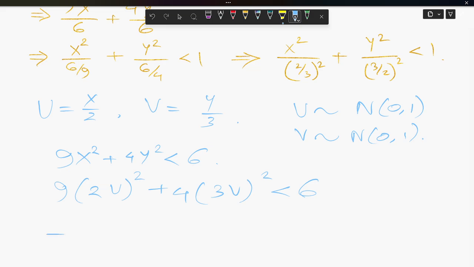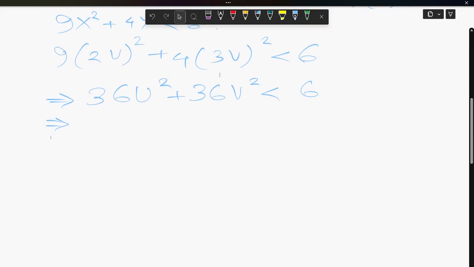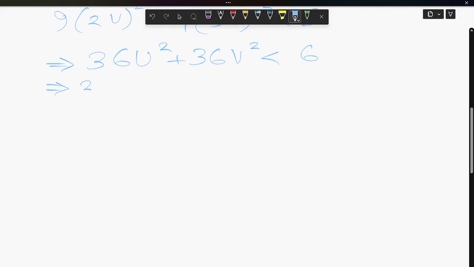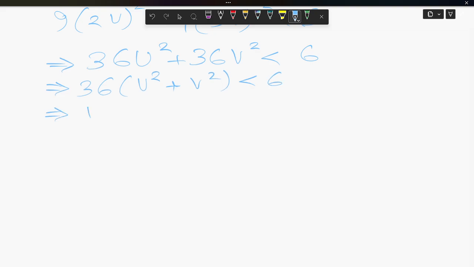That is 9 into 4, so 36 U square, plus 4 into 3 square, and 3 square is 9, so we also get 36 V square, less than 6. Taking 36 common, we get 36 (U square plus V square) less than 6, so U square plus V square less than 1 by 6.